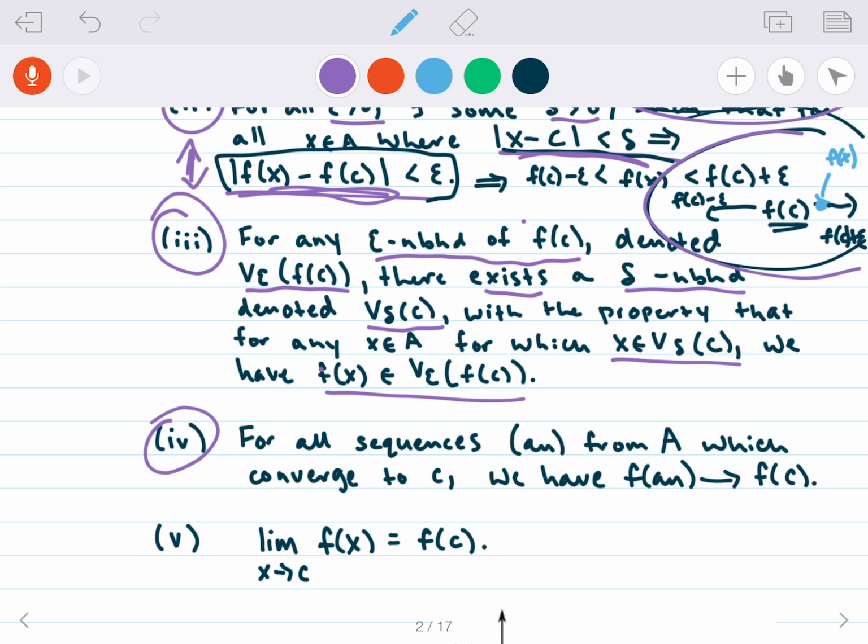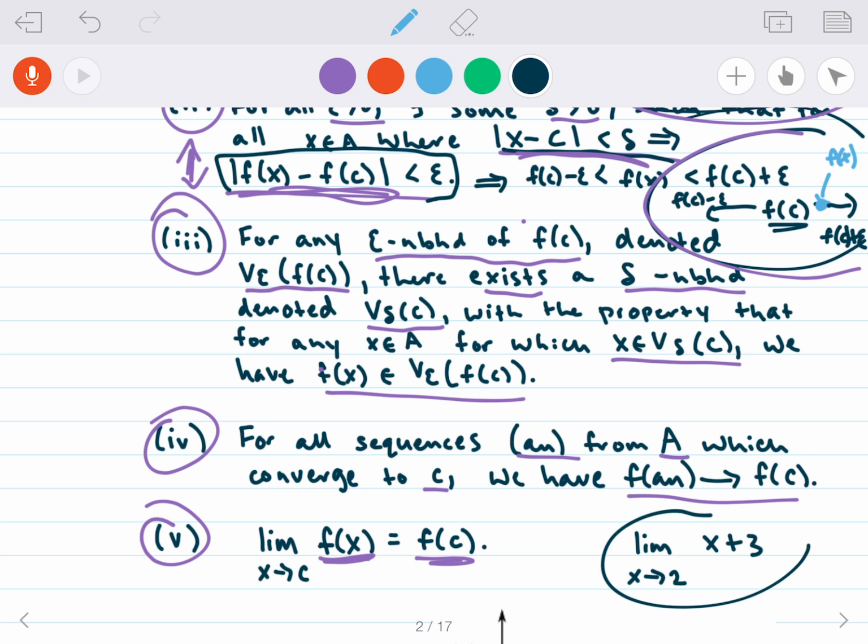So it says for all sequences a sub n from A which converge to C, we have f of a sub n converging to f of C. Okay, and then finally with 5, we have that the limit as x gets close to C of our function is going to be f of C. We're just going to evaluate the function there. And, you know, you've done this before in calculus classes. Let's say we have the limit as x goes to 2 of x plus 3.